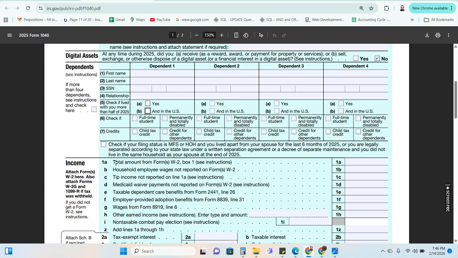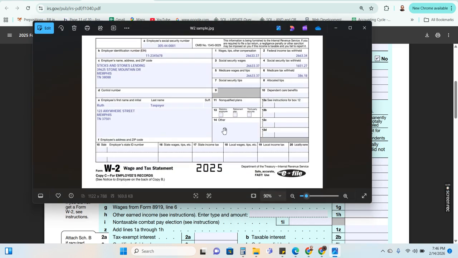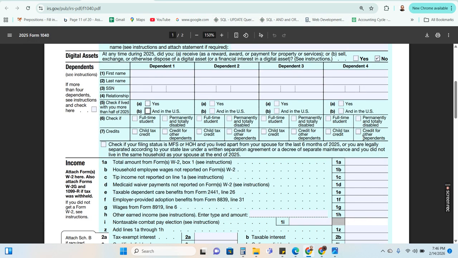Okay, so let's come to the income section. We have total amount from form or forms W2 box 1. In this case, we have only one W2 of this taxpayer, and box 1 is 26633.